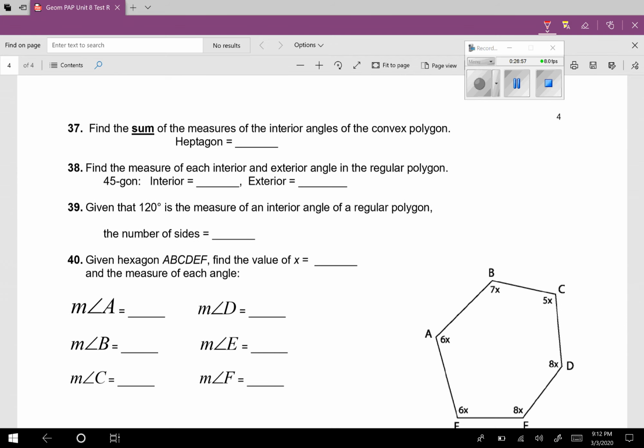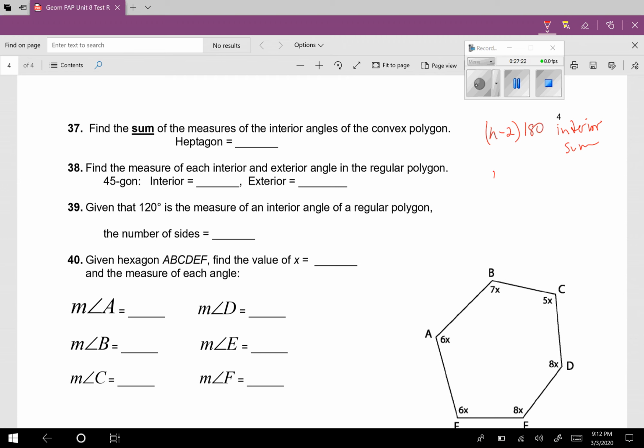Okay, these ones here, 37 through 39, I'm just going to kind of give you formulas. The sum of the measures of the interior angles is n minus 2 times 180. So that's the interior sum. Find the measure of each interior and exterior angle.